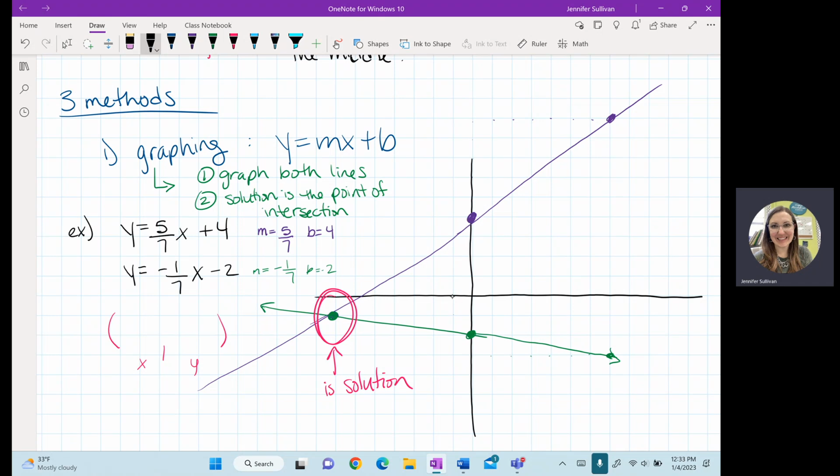So on the x-axis, I go back 1, 2, 3, 4, 5, 6, 7. And then the y is down 1. So my answer is -7, -1. This is the point that is a solution for both lines, both equations of this system.